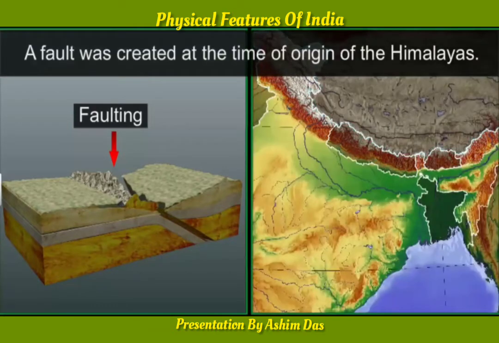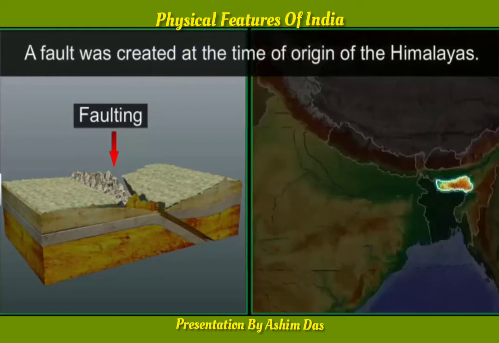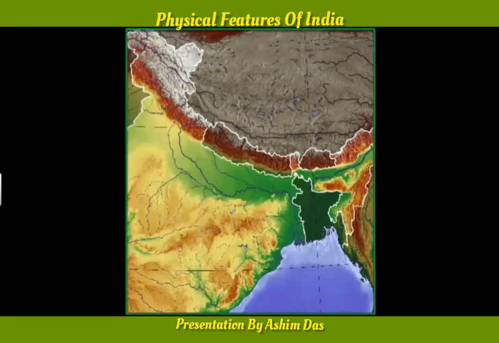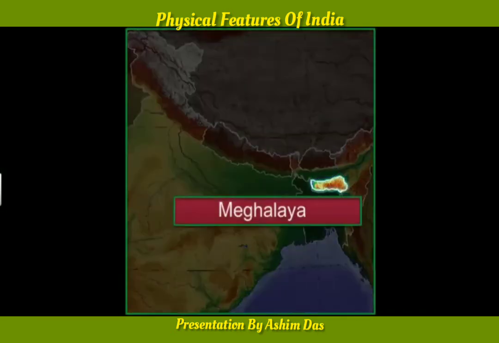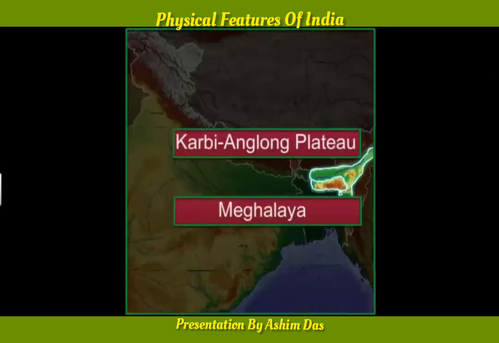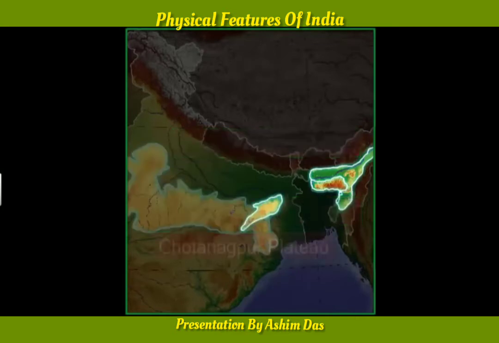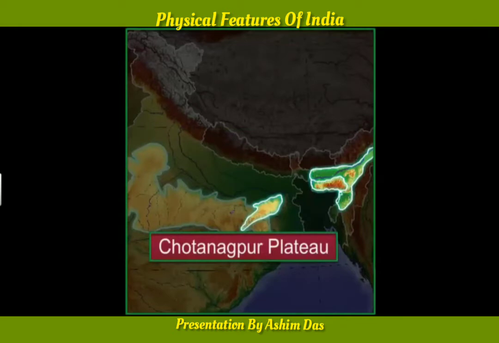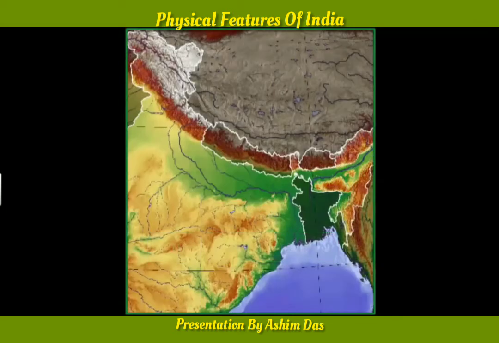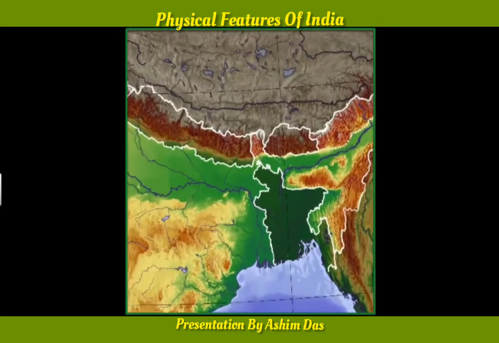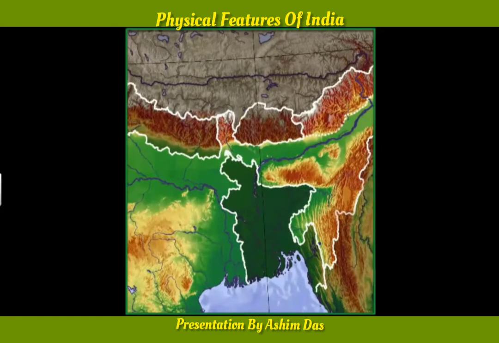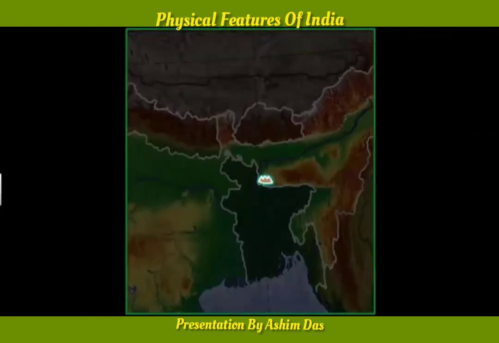This fault demarcates the Meghalaya and Karbi Anglong Plateau from the Chota Nagpur Plateau. There are three prominent hill ranges on the northeastern side of the plateau. As you move from east to west, you can see the Garo Range, the Khasi Ranges, and the Jaintia Hill.